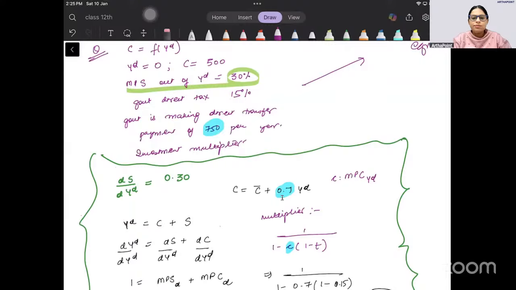Yes, anyone? What will be the equilibrium income in this economy? Just do Y is equal to C plus I. That's it, and solve.